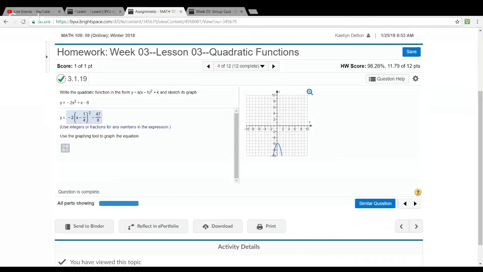Okay, so let's see. So x squared plus bx, x squared plus bx plus b over 2 squared. Okay, so really what it is going to be is the x squared, which we have, plus the bx, which we have.